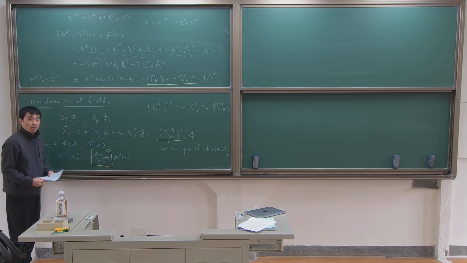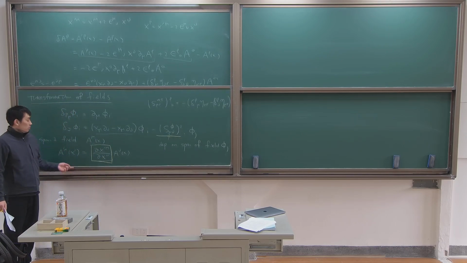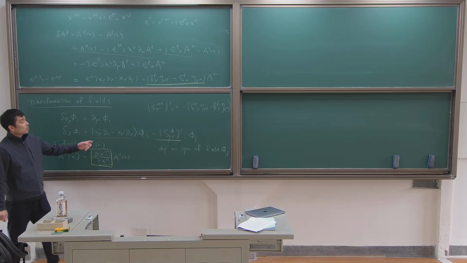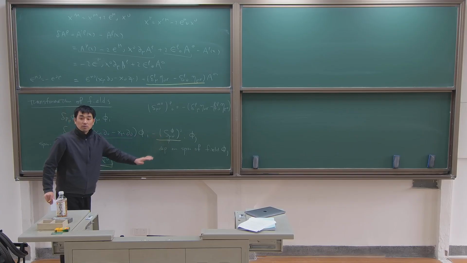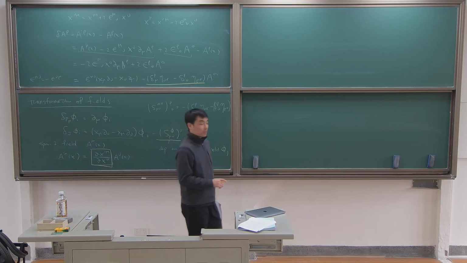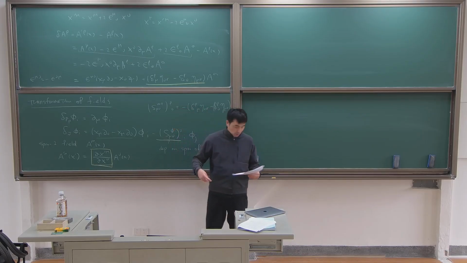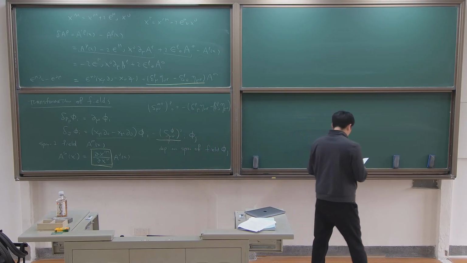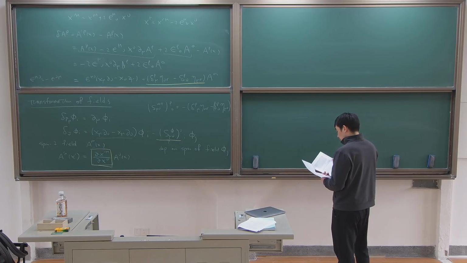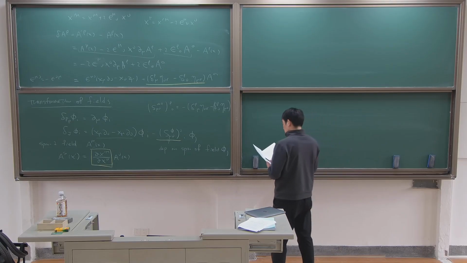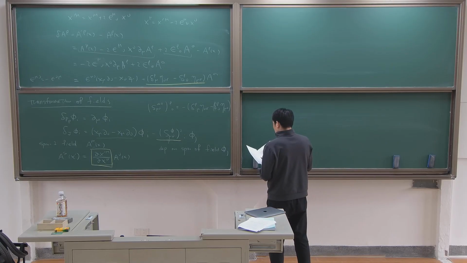Since the spin 1 field transforms non-trivially under the rotation, this gives you the extra piece for the field. Similarly, if you go to spin 1/2 and so on, you get the same phenomenon.